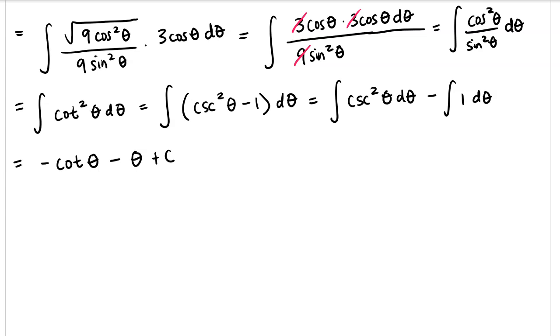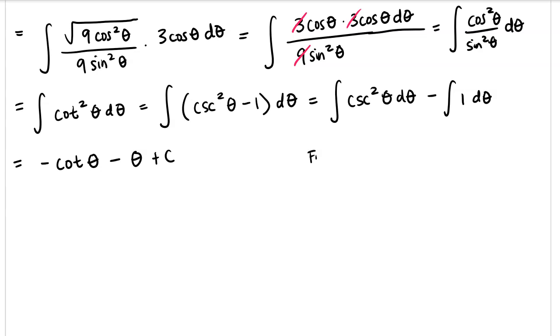Now, a lot of times students feel like they can stop here and that this represents our final answer. However, remember that our original integral was with respect to x, so our final answer needs to be in terms of x. The way we figure out how to change this back into x is by thinking about the original trigonometric substitution that we did.